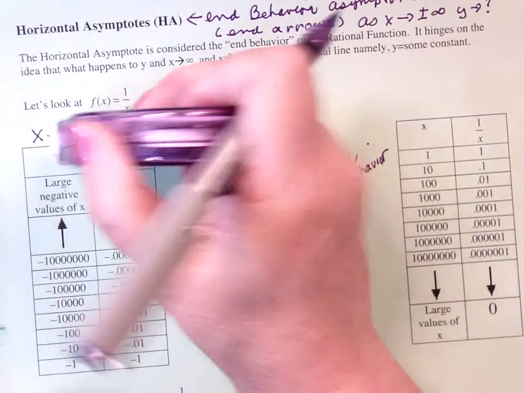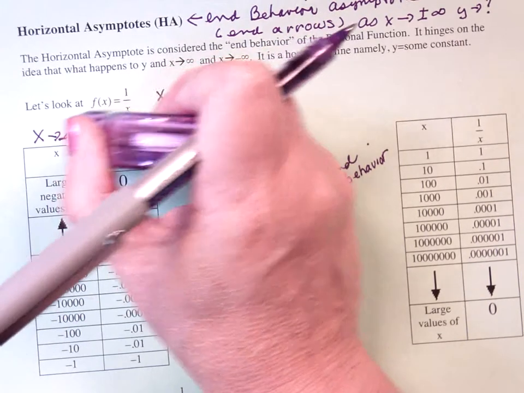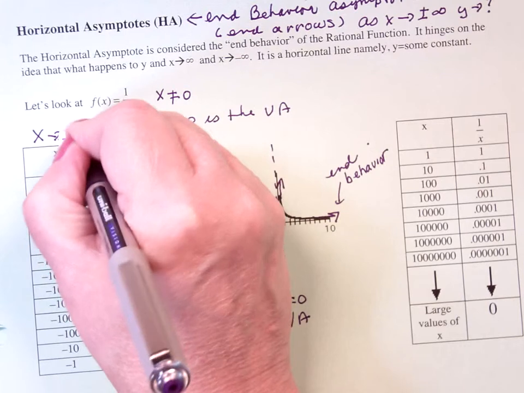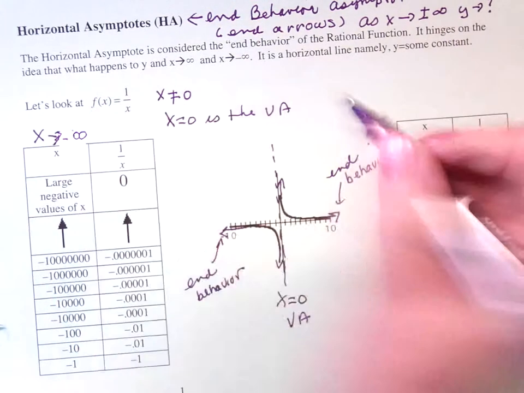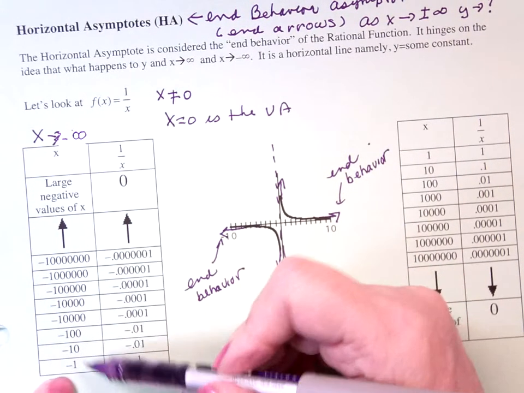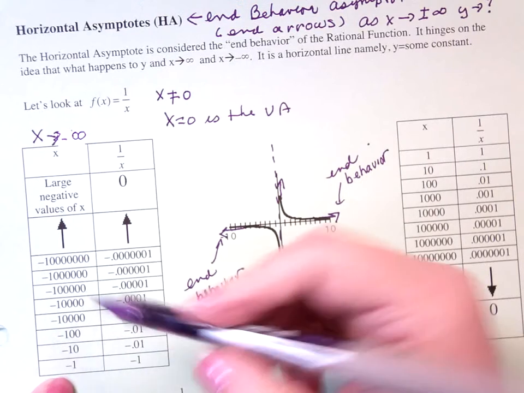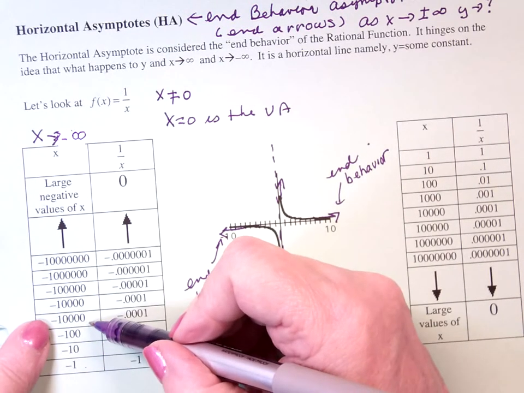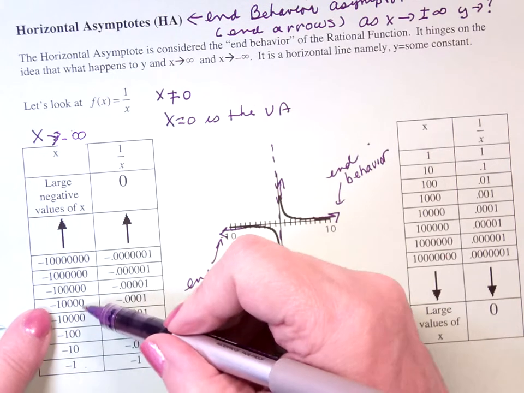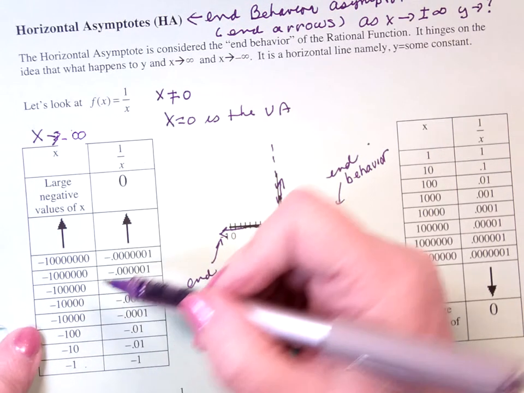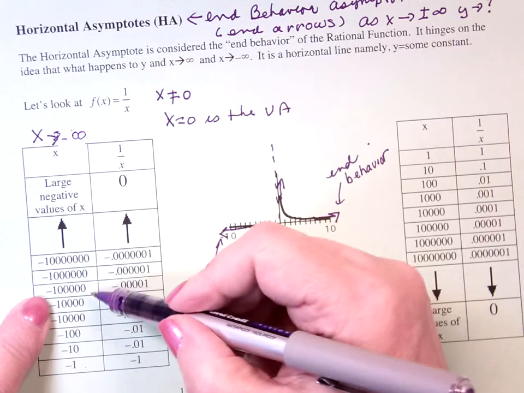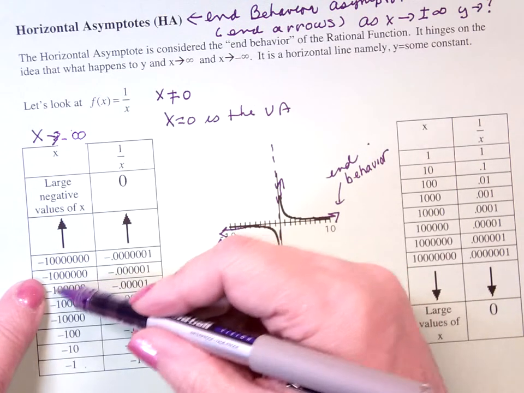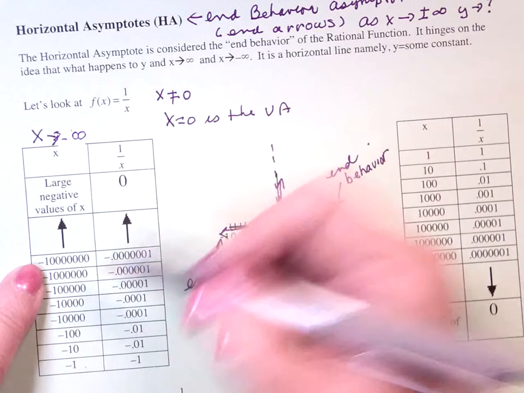Do it down there. That means gets very, very large. So I'm going to essentially look at negative 1, negative 10, negative 100, negative 1,000, or 10,000. Negative 100,000, negative 1,000,000, negative 10 million.